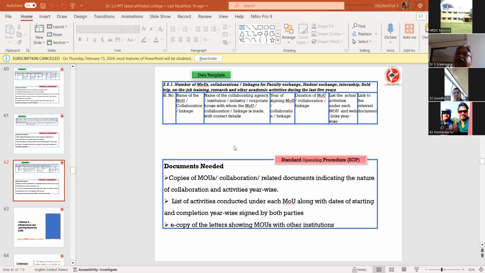In that document, there should be clear-cut information on how much percentage of the consultancy amount goes to the institution and to the faculty member. So 70%, 30% or something like that. If you generate some revenue, it has to be given to the teacher. Those policy documents are very much essential.